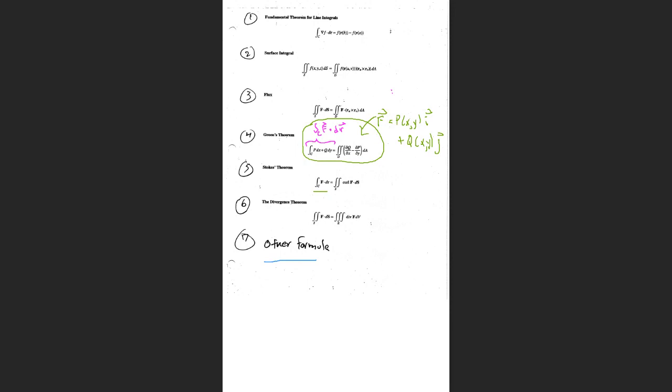Okay, so Green's theorem, the path C is closed, and the vector field is two-dimensional. Stokes' theorem, the path C is a closed path, but Stokes' theorem allows for the vector field to equal P times i plus Q times j plus R times k.